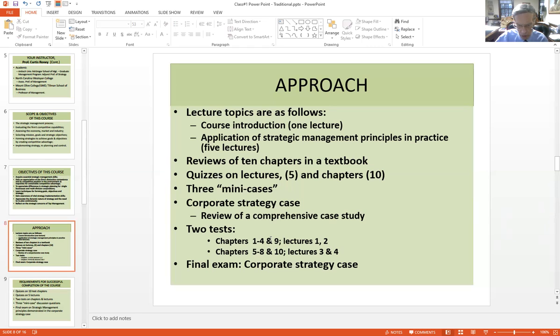In some of the courses, I've moved chapter 9 down to the second half, because there is so much in those first lectures that even though chapter 9 really belongs in the first half of the course, I've moved it down.